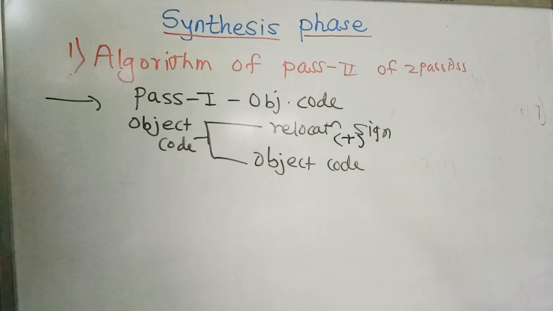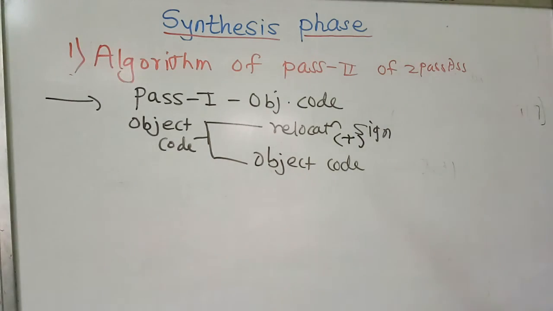So pass two reads the intermediate codes. These are some mechanisms behind the synthesis phase. There is also a detailed algorithm for pass two. We will discuss it in later videos. So the analysis and synthesis phases are the heart of the assembler, and they perform all the tasks of the assembler. Thank you so much.